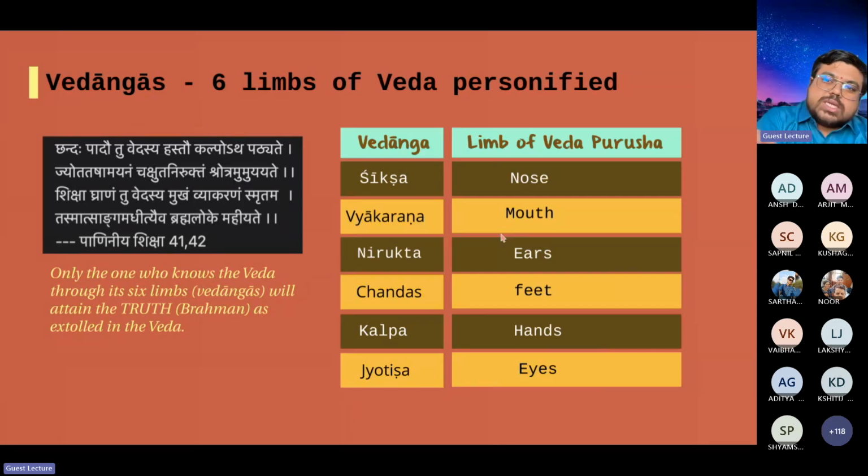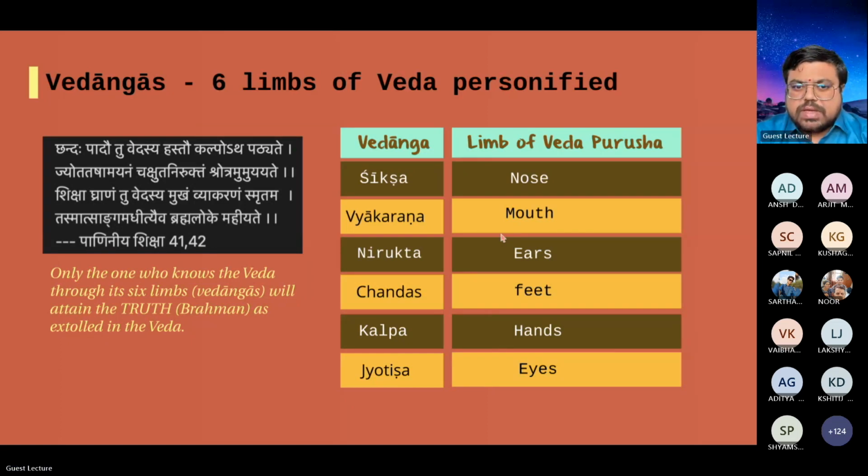So if you remove Shiksha from the Veda, that means you're removing the breath out of the Veda, so the Veda dies. Which means without the knowledge of the Shiksha Shastra, one should never try to understand the Veda by dictionary meanings. And this is the wrongdoing of the Western translations, which has caused a lot of damage to our own pride and the continuity of the knowledge system.